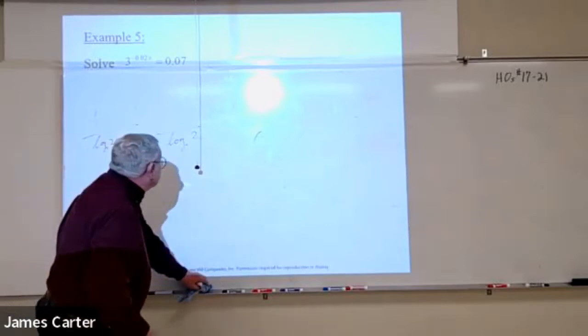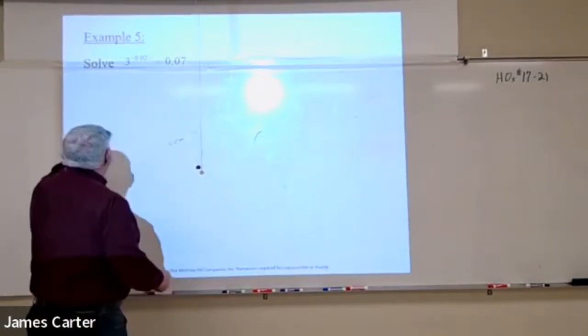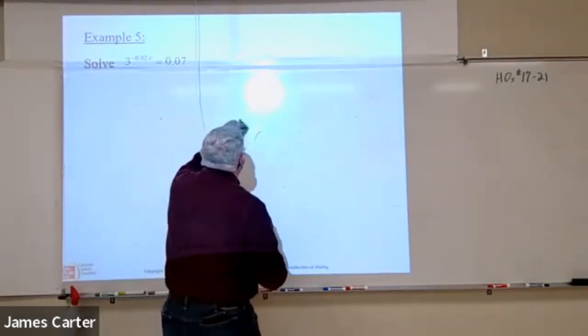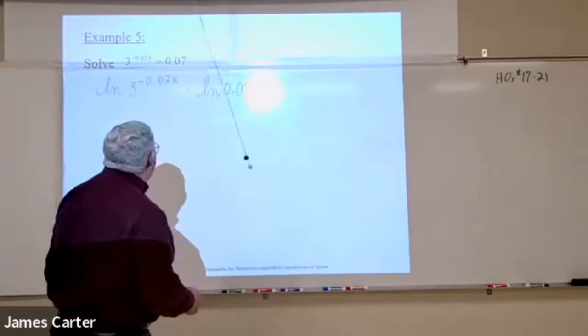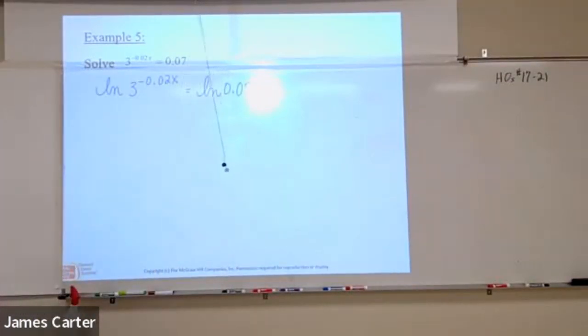Guess I need to erase it. That brown just blends in. Okay, we got this thing. Nasty looking little thing. What are we going to do? We're going to use the power rule and pull that negative 0.02x out front. Now you can do this in one step.